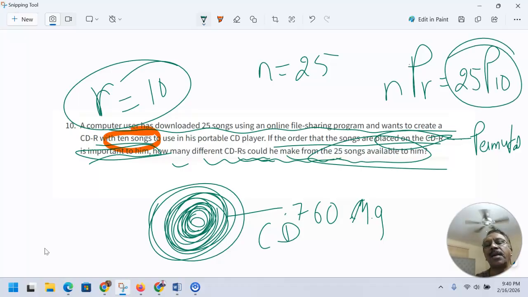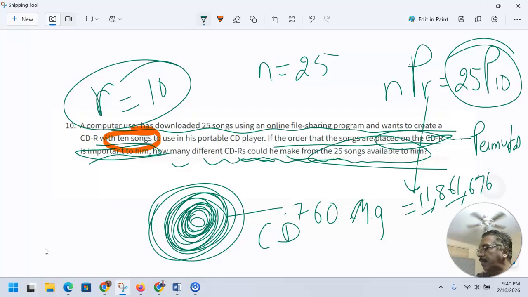Put this on the calculator and you're done. So there's nothing to do there. So the answer becomes 11 trillion 861 billion 676,288,000. So let's check, really, is it true?